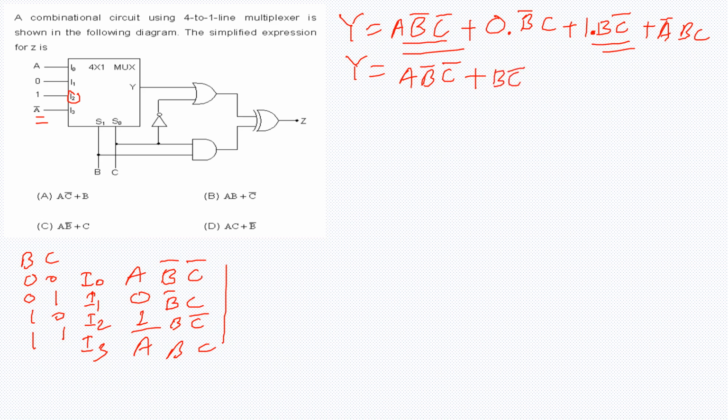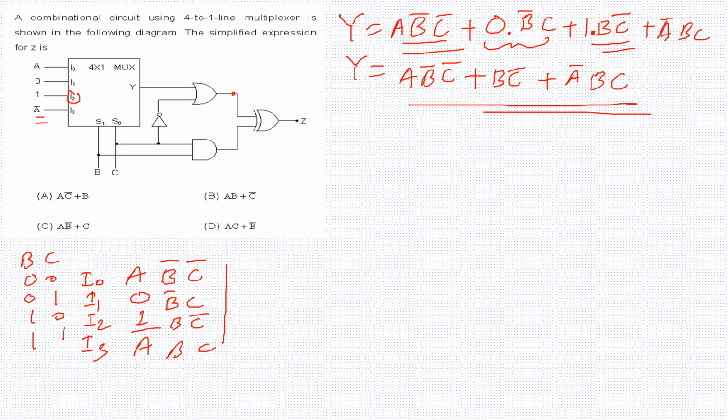Here I am doing AND with 0, so my expression will always be 0, so I don't need to write this term. Only A bar B C remains. This is the simplified expression now. So now your Y is calculated.